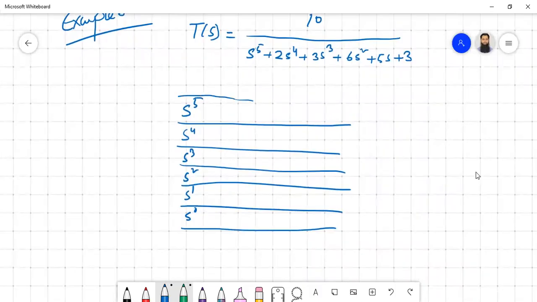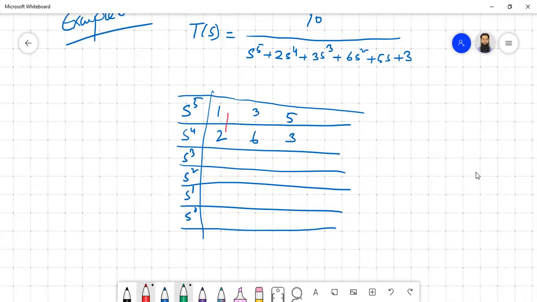Now placing the coefficients in the zigzag pattern as we have discussed in the last class: 1, 2, then 3, 6, 5, 3. This is the way of placing the coefficients.